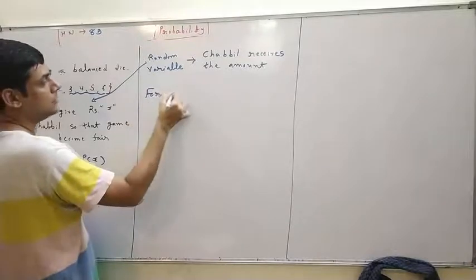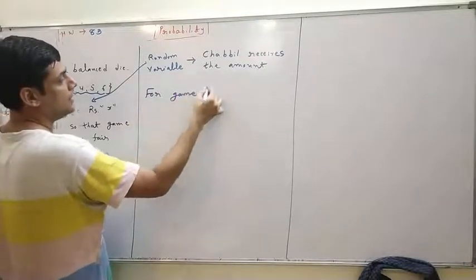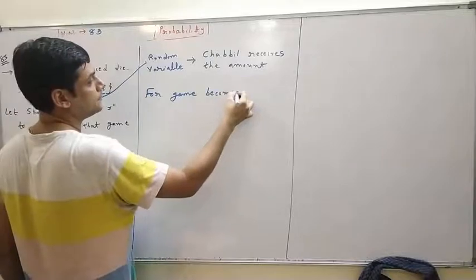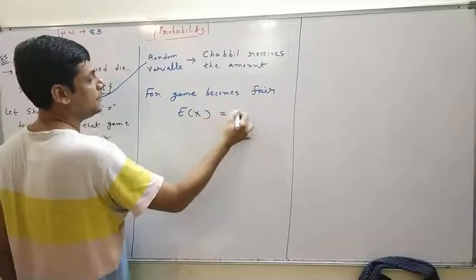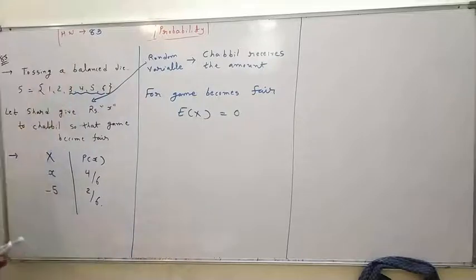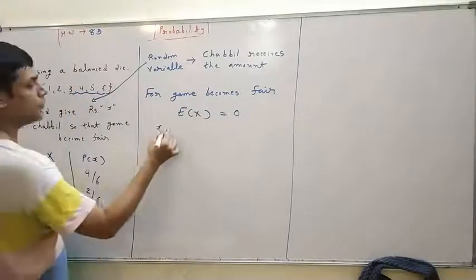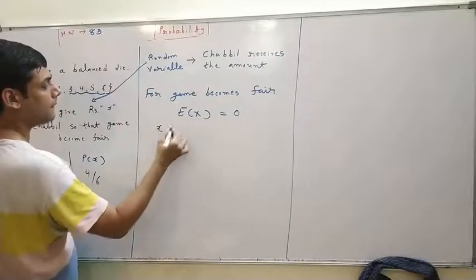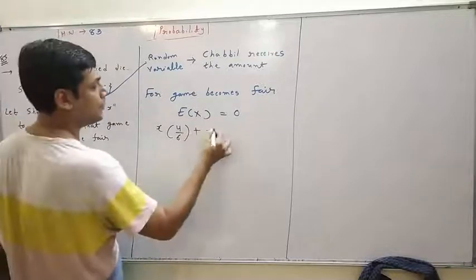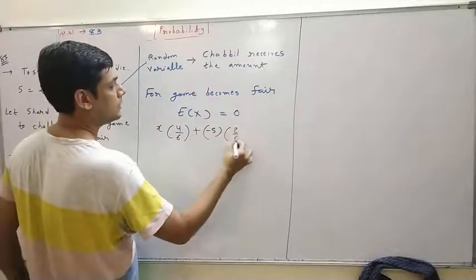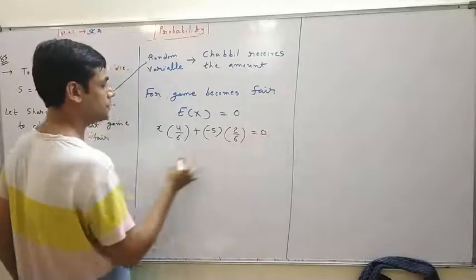For the game to become fair, E of x must be 0. Now here E of x is x into 4/6 plus minus 5 into 2/6 is equal to 0.